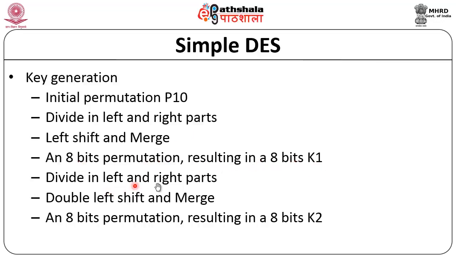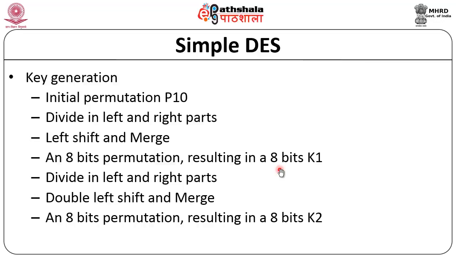In simplified DES we start with the initial permutation P10 because we know the key size is 10, so we do the permutation with a table of 10 bits, divide into right and left, shift and merge, and during the second round divide again and do an 8-bit permutation resulting in an 8-bit key, because for 2 rounds we require 2 keys, each of size 8 bits.